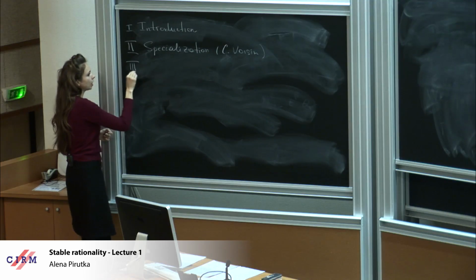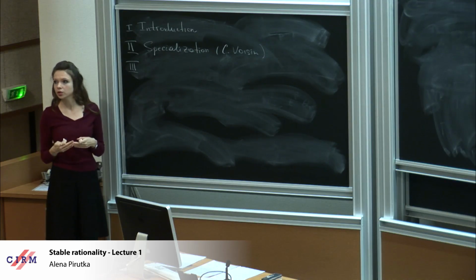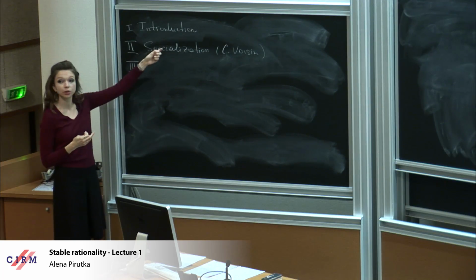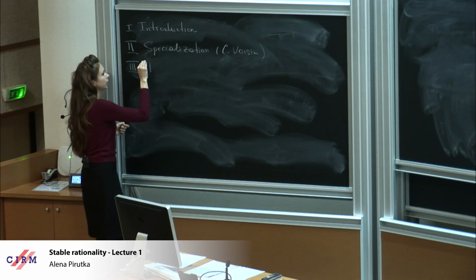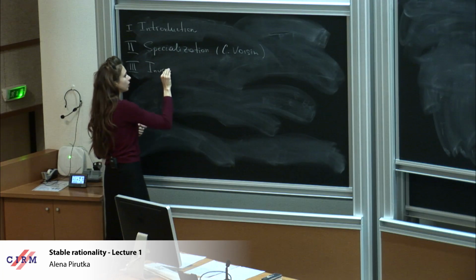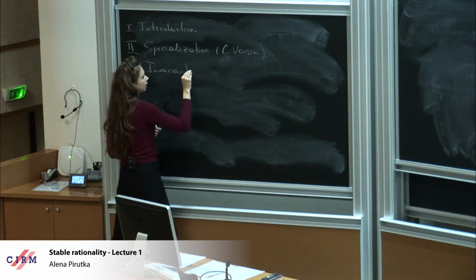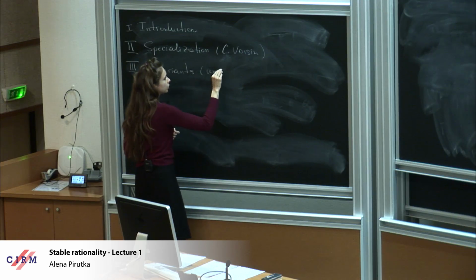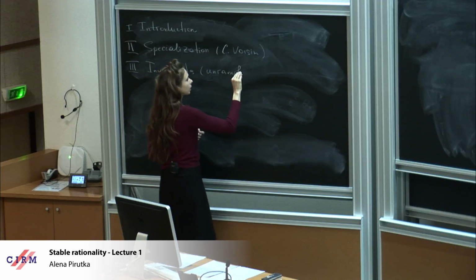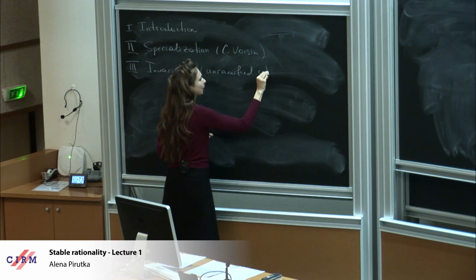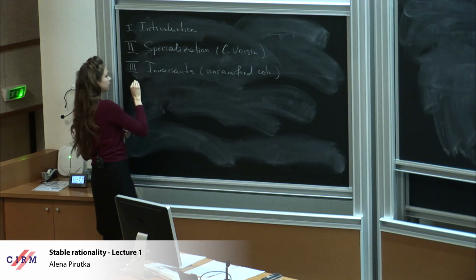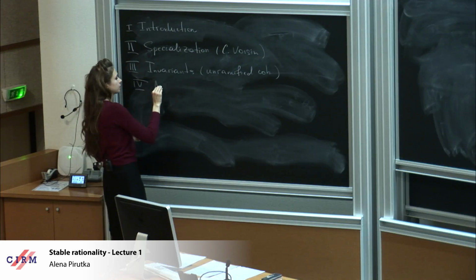And then I plan to discuss some computations of particular invariants that were used in this method. So invariants, and more specifically, it will be about unramified cohomology. And finally, I'll discuss applications.